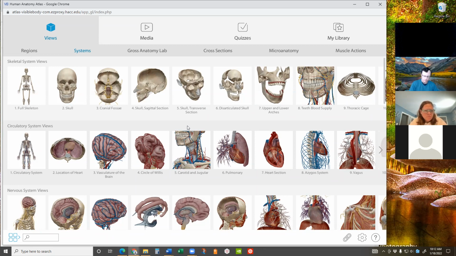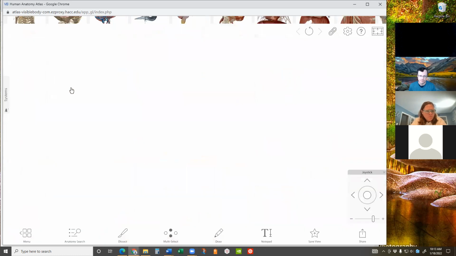So one of the things that you have to know from the word bank, right? So I've downloaded and printed out my word bank, is you have to learn some of the bones of the skull. So let's take view number 2, the skull. So highlight and click on number 2, skull.